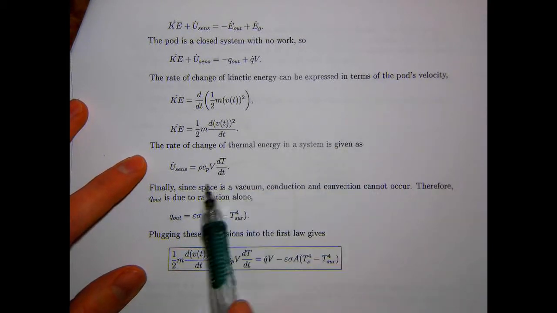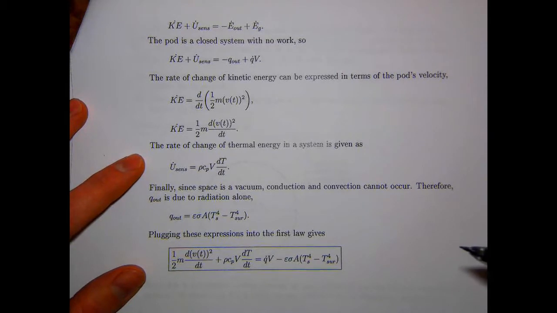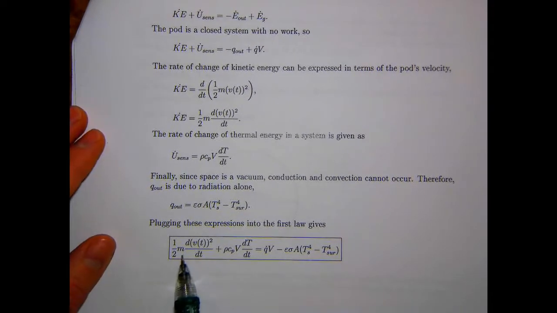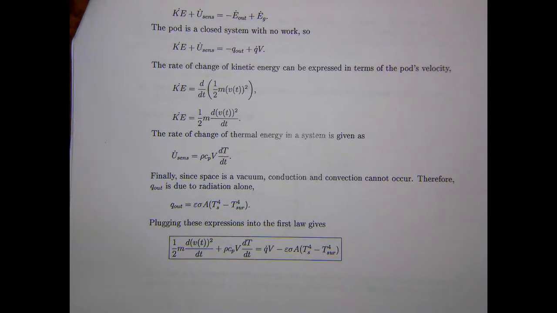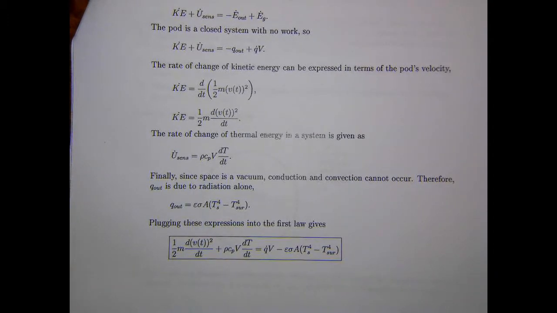So this equation that we have, rho V c delta T on a rate basis, dT with respect to time. And then you know that Q out is only radiation, so you can express that as the radiation equation. We didn't require you to write everything out fully in exactly this form. We gave quite a bit of partial credit if you recognized the things you needed to cancel out and had those still in the final form.